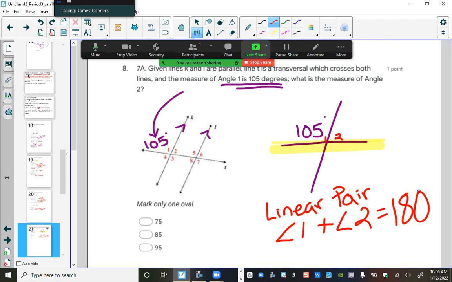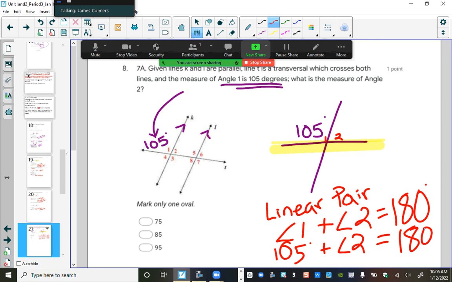Linear pair, angle 1 plus angle 2 add up to 180 degrees. Do we have an angle 1 measurement? Yes. 105. 105 plus angle 2 is going to give us 180. So what do we have to do with the 105 and the 180? Are we adding or subtracting them?